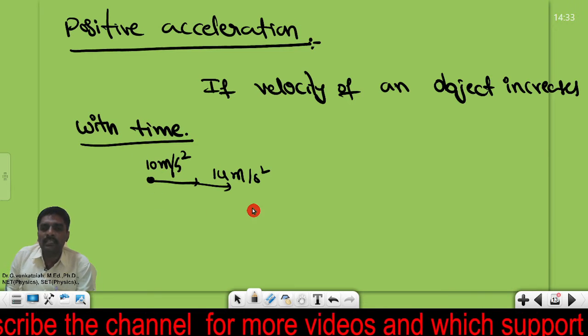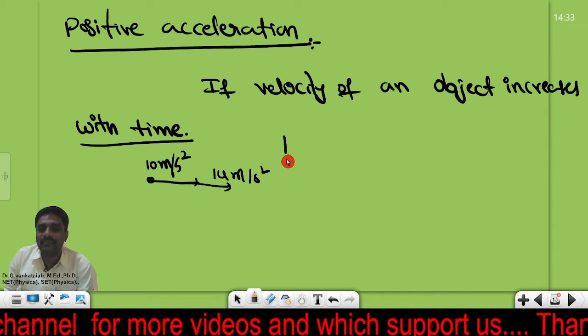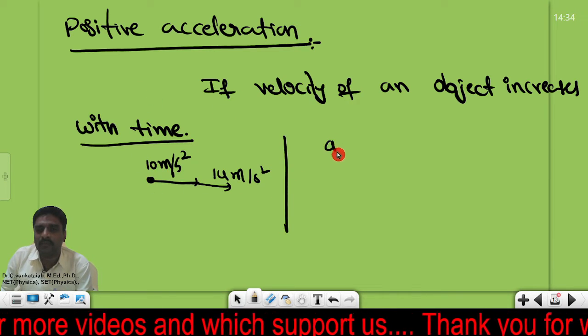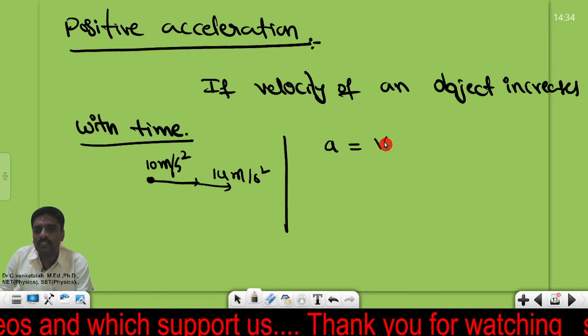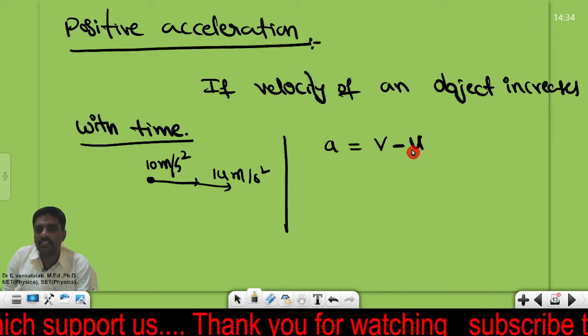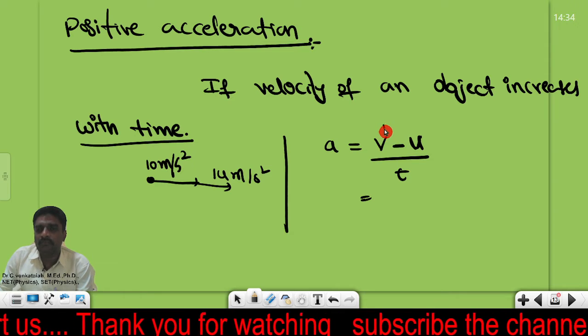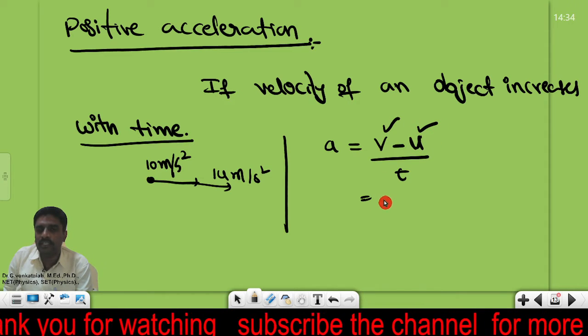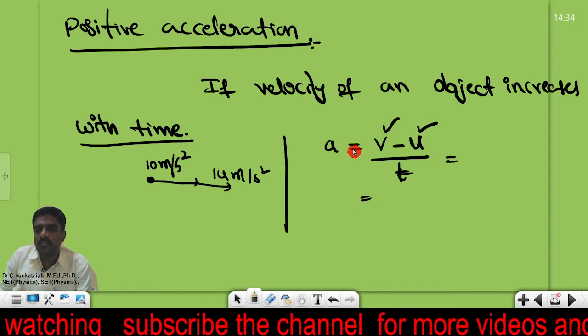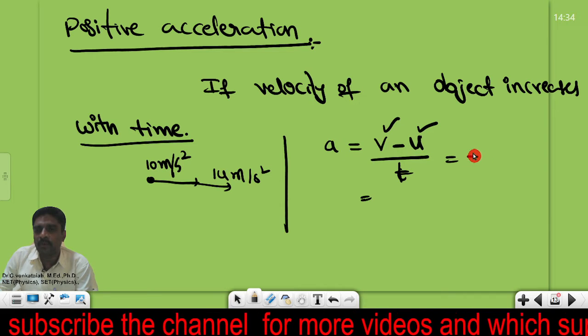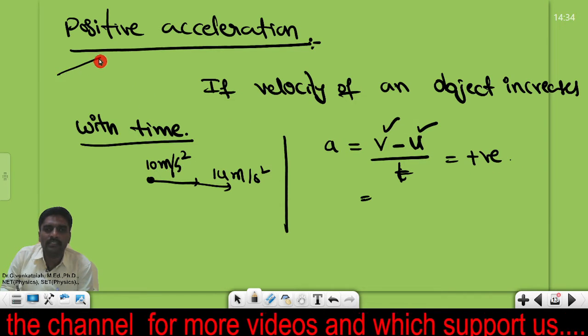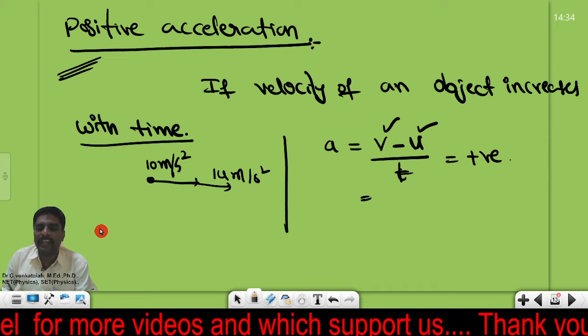That type of acceleration we call positive acceleration. This definition is derived from the mathematical expression: acceleration is equal to final velocity minus initial velocity divided by time. If the final velocity is larger compared to the initial velocity, then this value will be positive. That's why this type of acceleration is called positive acceleration.